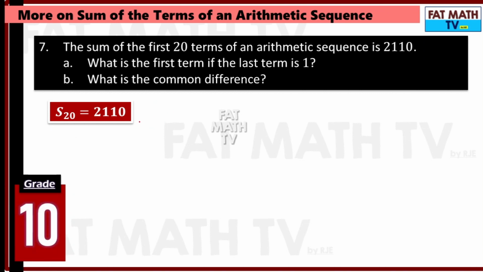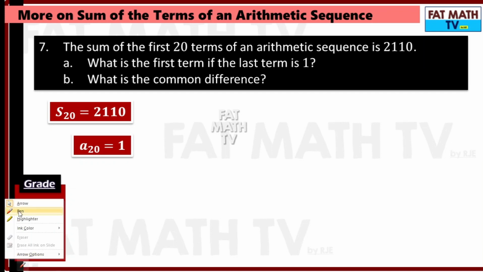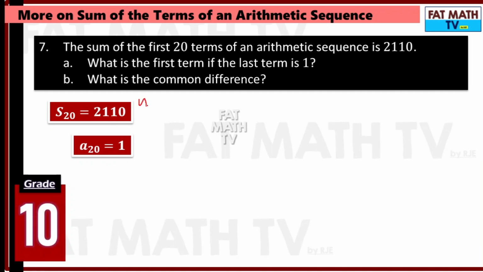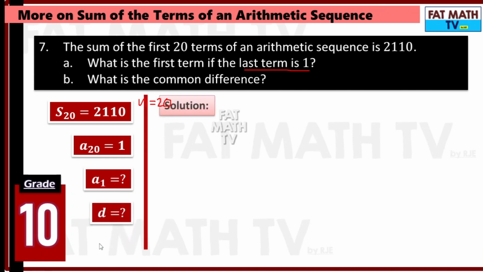So n equals 20. And then the first term is unknown. The 20th term or the last term is 1. So a sub 20 is 1.